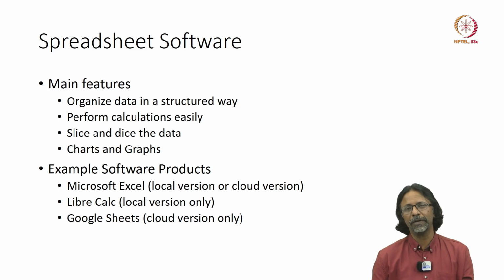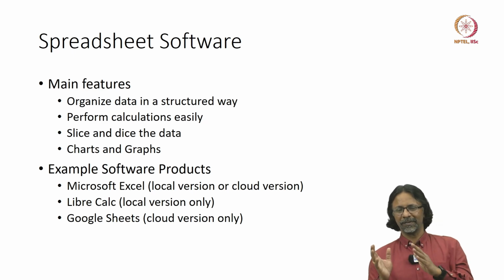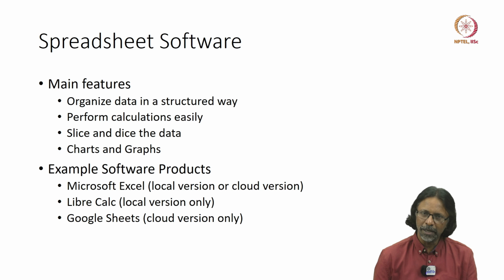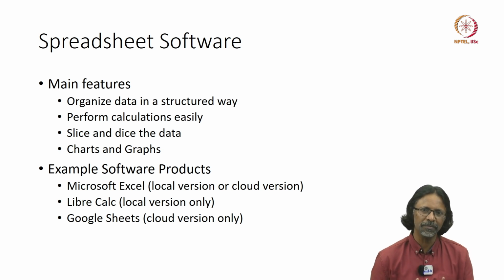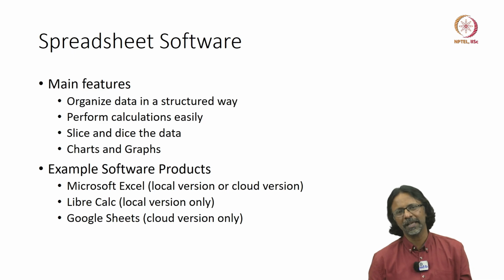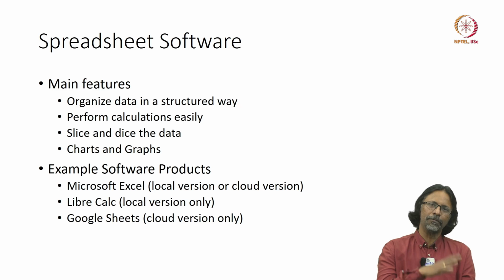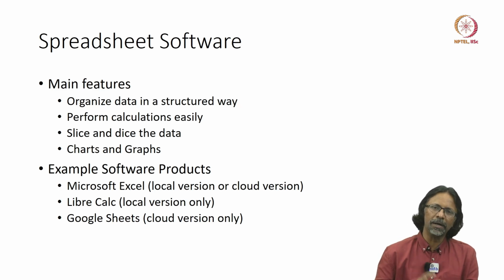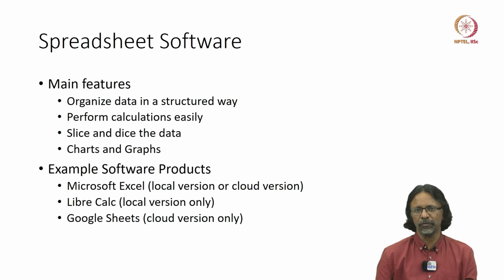So Microsoft Excel is offered as a separate product, not as part of the Microsoft Windows. Microsoft Windows is the operating system, and within the operating system, you have to purchase a license of Microsoft Office. And within Microsoft Office, you have many other software, and Excel is one part of the Microsoft Office suite.